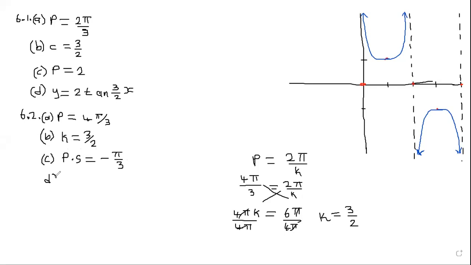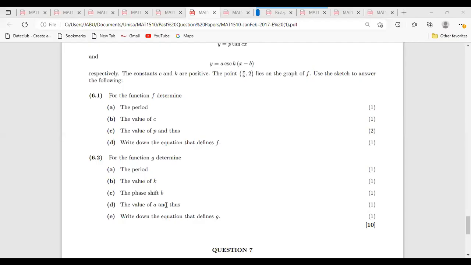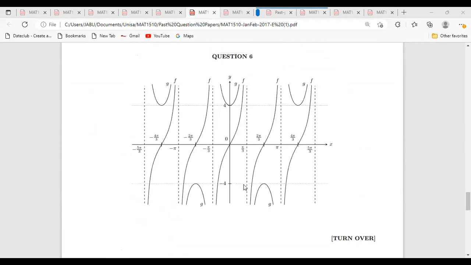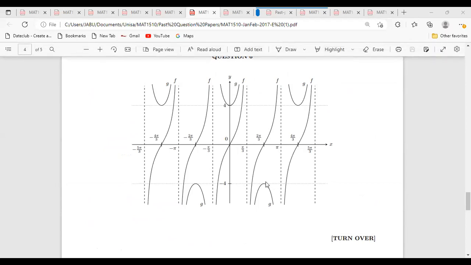And D, let's see, the value of A. So the value of A, where is A? Oh, this one right here. The value of A, that is the amplitude, right? Let's go and check the amplitude. So this graph ranges between 4 and negative 4.